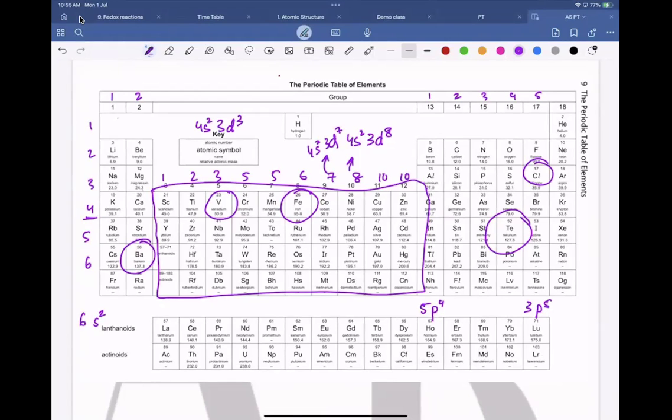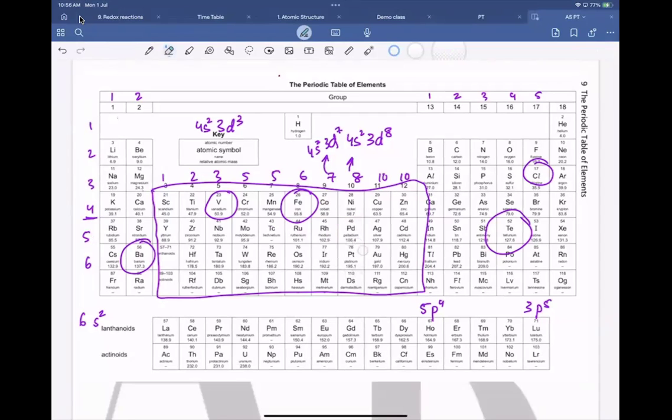So if I ask you the electronic configuration of, let's say, palladium, can you tell me? It's in fifth, not fourth. 5s2, very good, 4d8, very good.